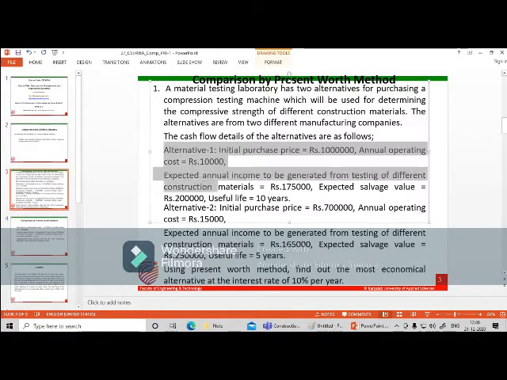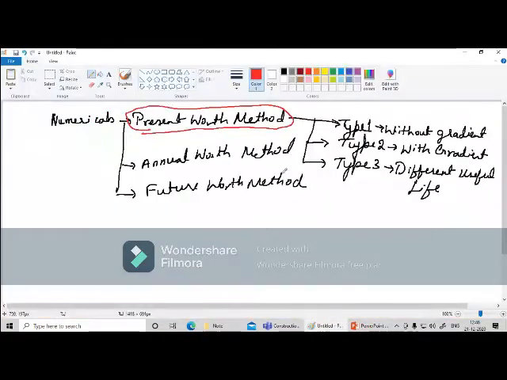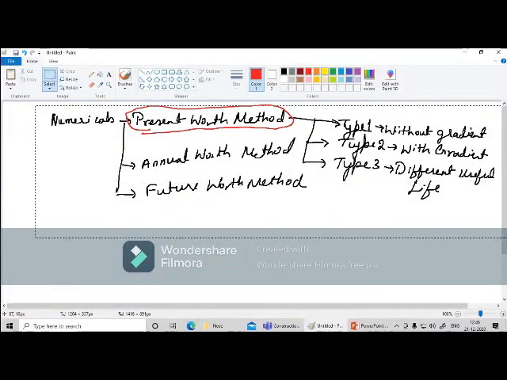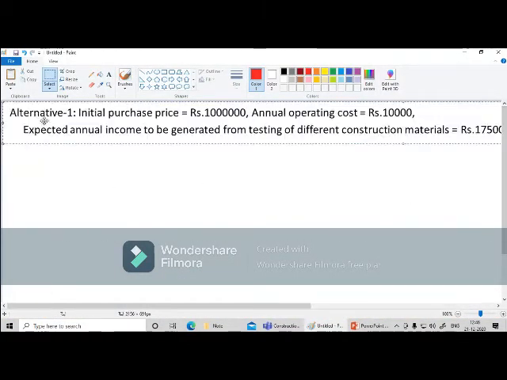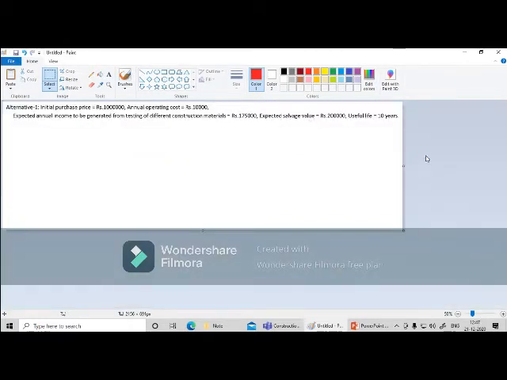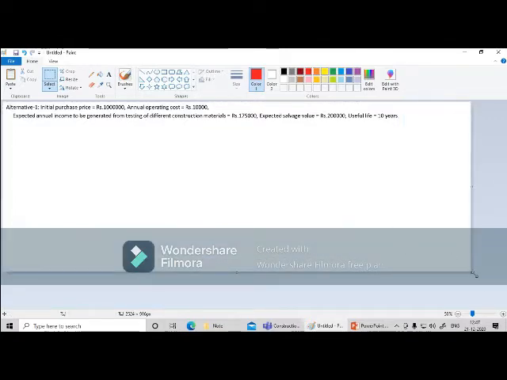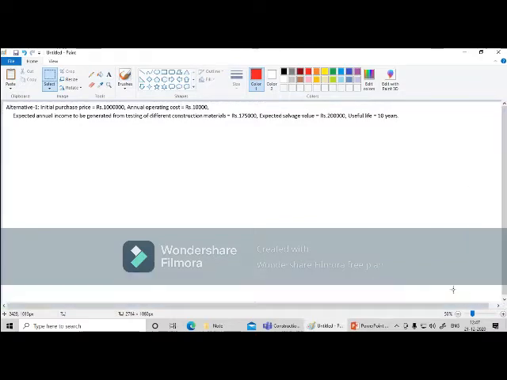So what I will do is take this data. For each of the data, I am supposed to draw a cash flow diagram.